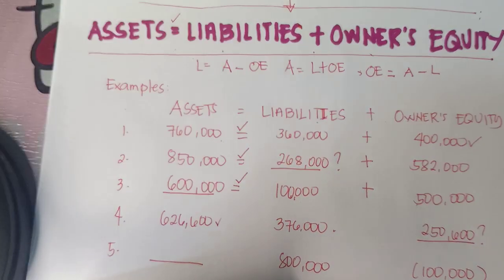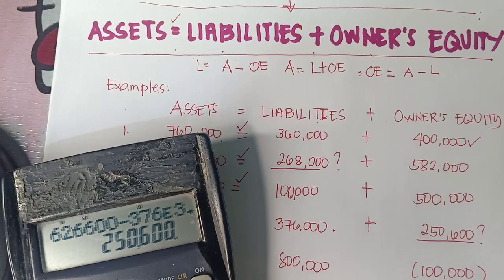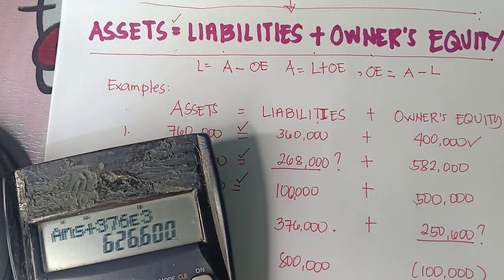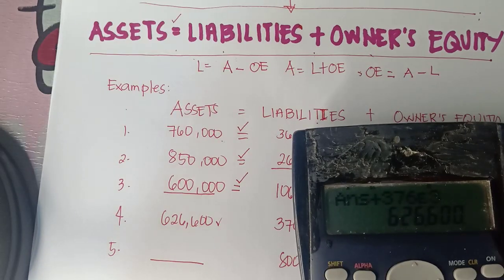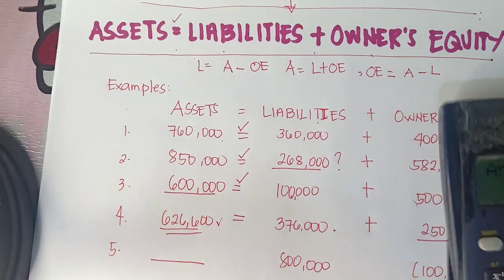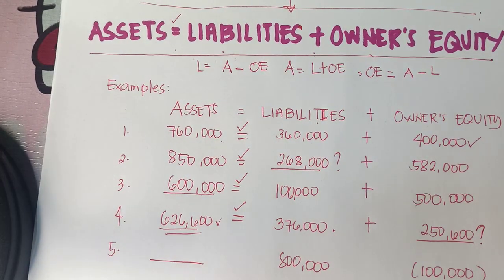How do we know if the value of the owner's equity is correct? Owner's equity of 250,600 plus the liabilities of 376,000 is equal to 626,600, the assets. That is why our value for owner's equity is correct because it is balanced.